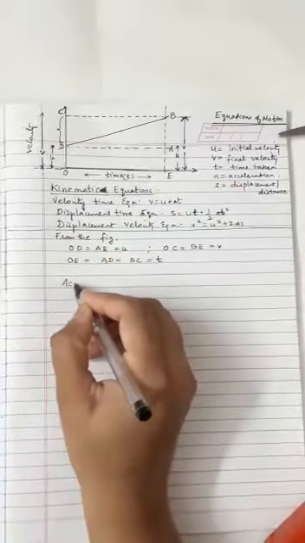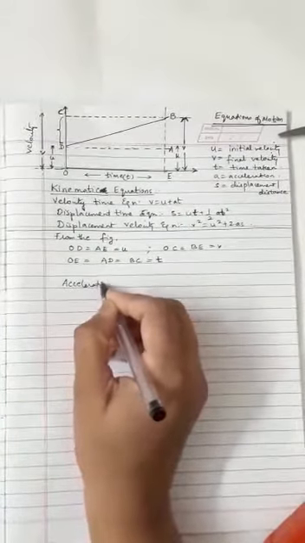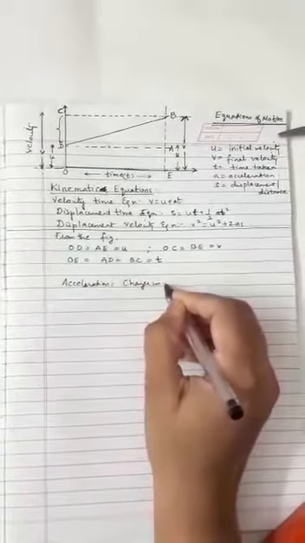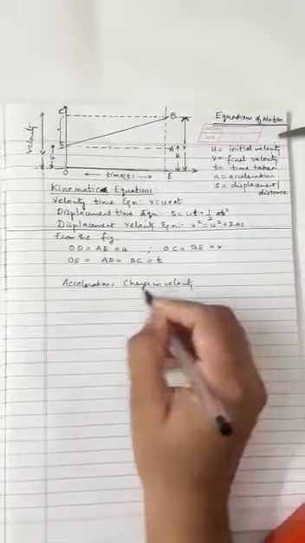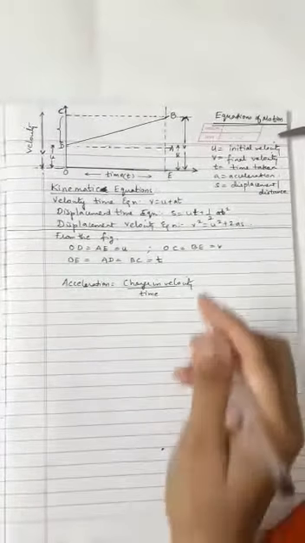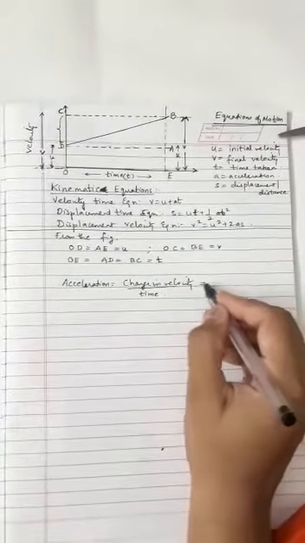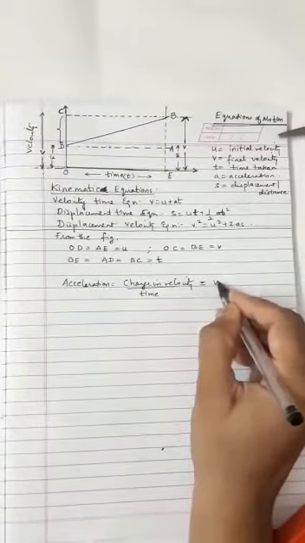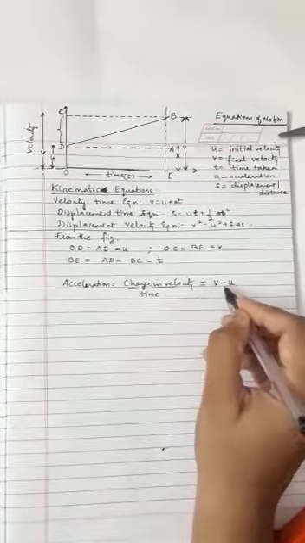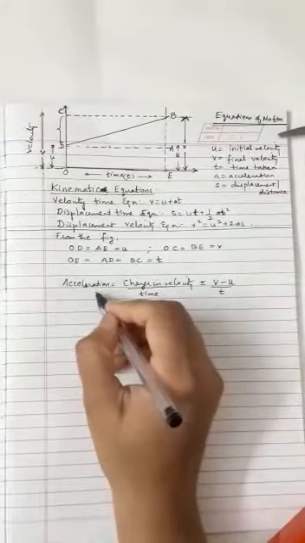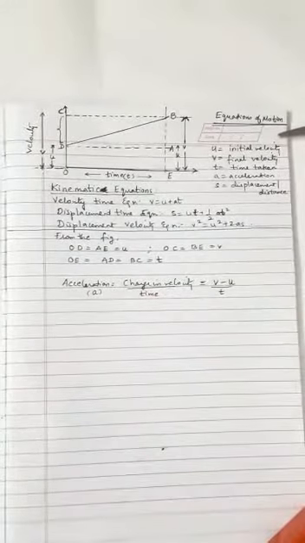Now we know that acceleration, the definition is change in velocity upon time. So change in velocity is given as the final velocity v minus the initial velocity u, upon time taken t. Now for acceleration we are using the small letter a.